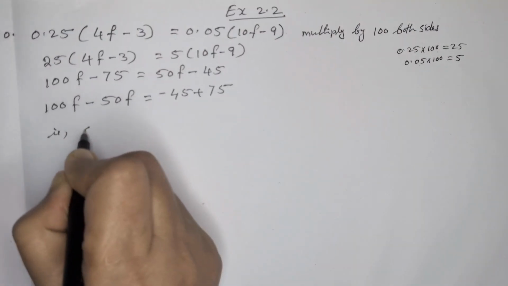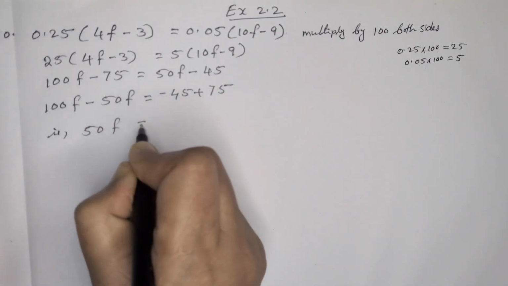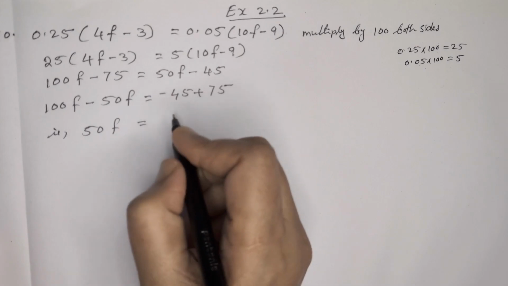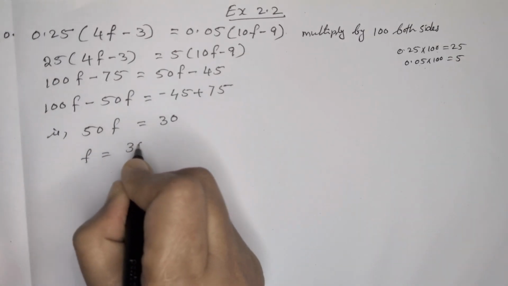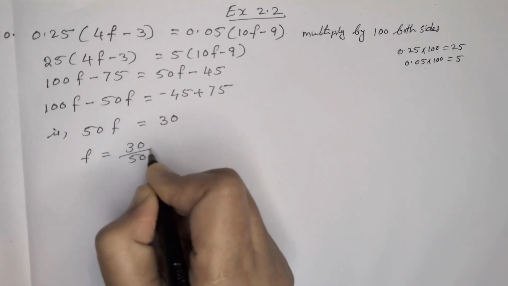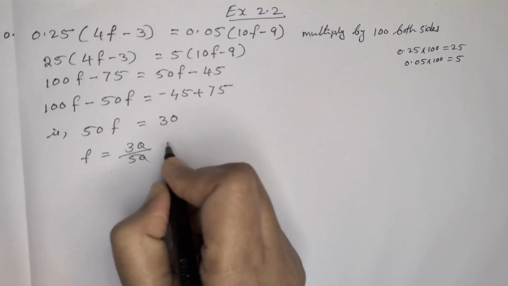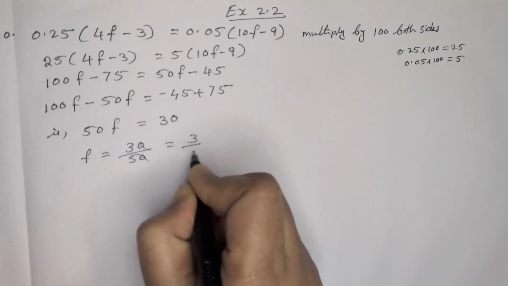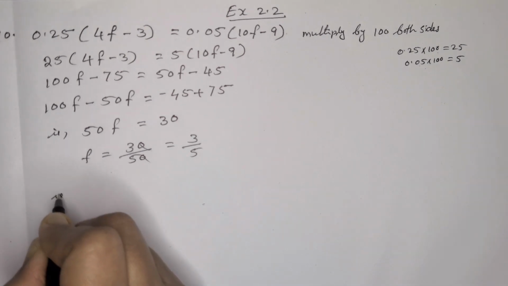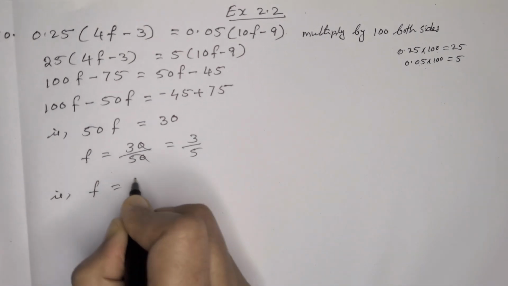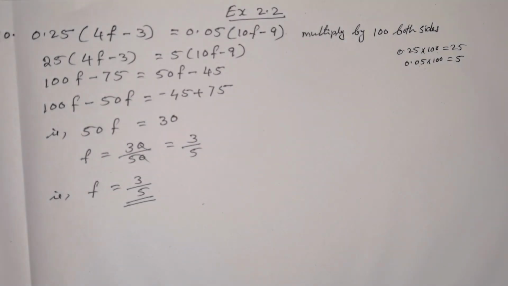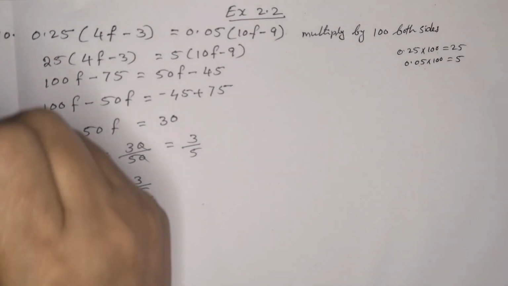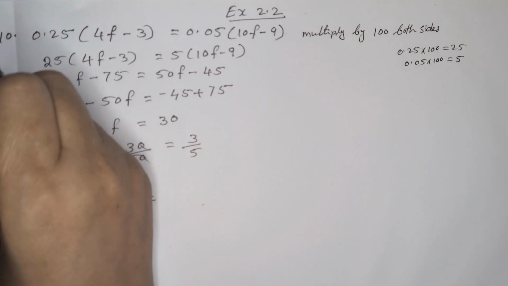That is 50f is equal to 30. Then f is equal to 30 by 50. We can divide by 10. It's equal to 3 by 5. That is, the value of f is equal to 3 by 5. This is method 1.